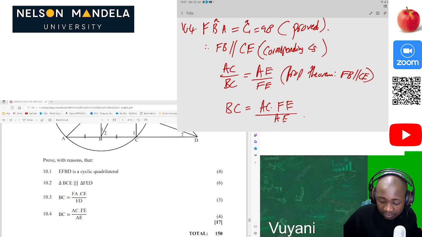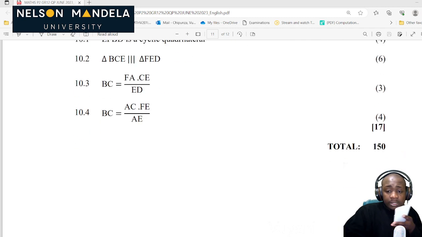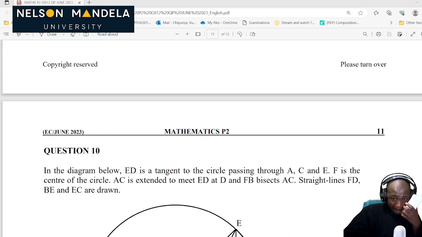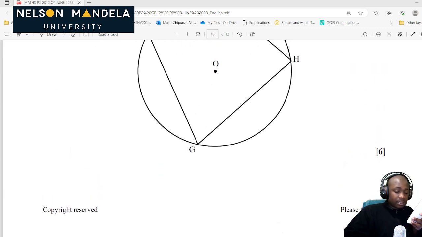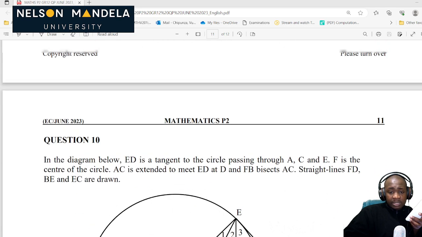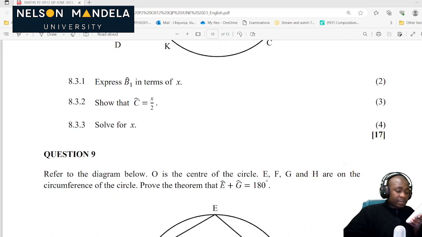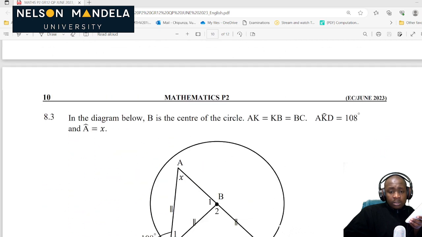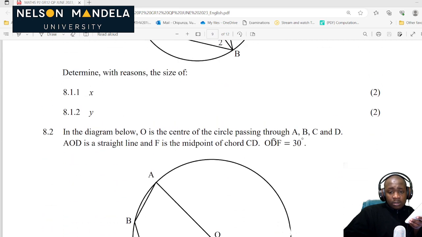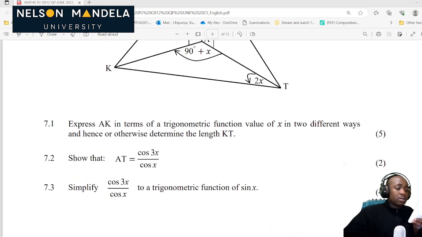So let's calculate the total marks for Euclidean geometry in this question. It was 17 plus 6 plus 17, so this one was 40.